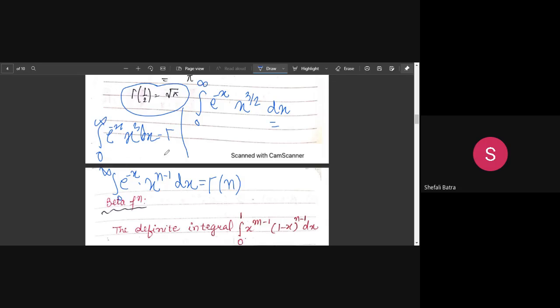Now this integral is given to you. Now tell me what can I write here? Gamma of what? Ma'am, 4. Gamma of 4, right? You need to compare this power with n minus 1. So n minus 1 is equal to 3 and n is equal to 4. So it is gamma 4. Now gamma 4 is equal to what?